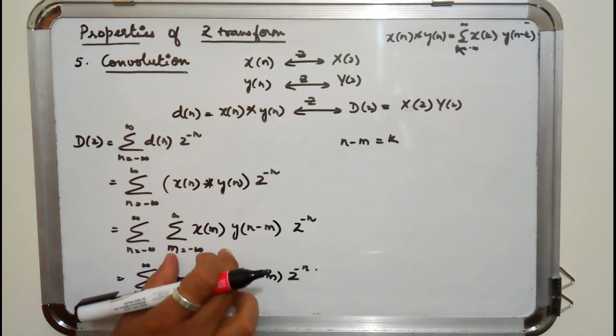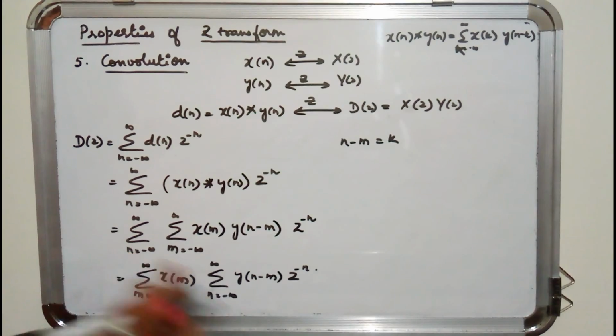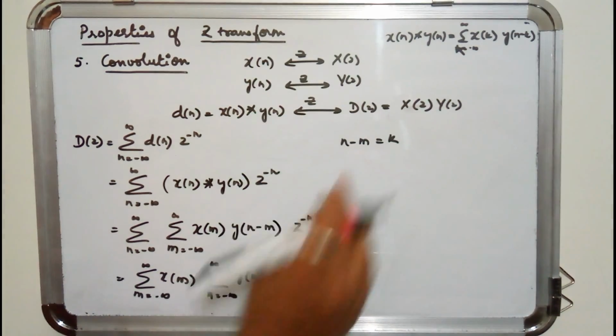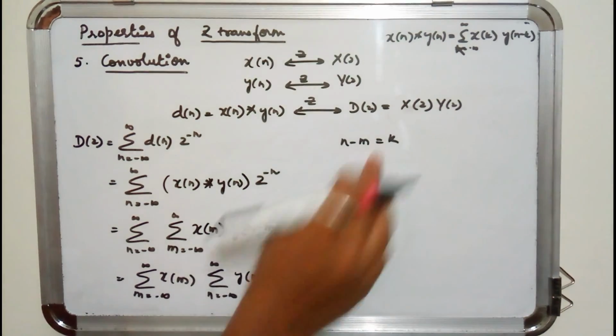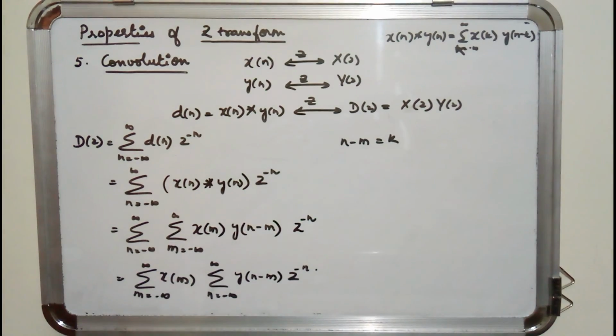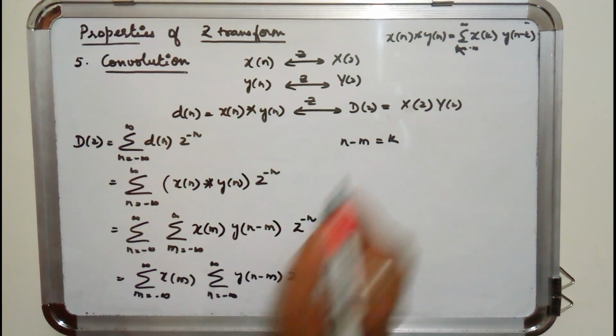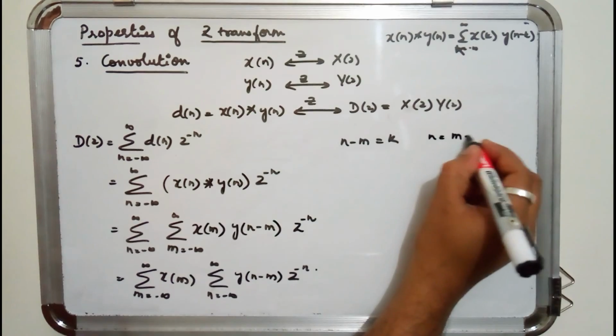I've just moved x of m outside, I have taken the outer summation inside. So n minus m, I am substituting it as k. This is the thing which we have followed throughout in proving the convolution theorem. So n minus m is equal to k. So what is n? n will be m plus k.